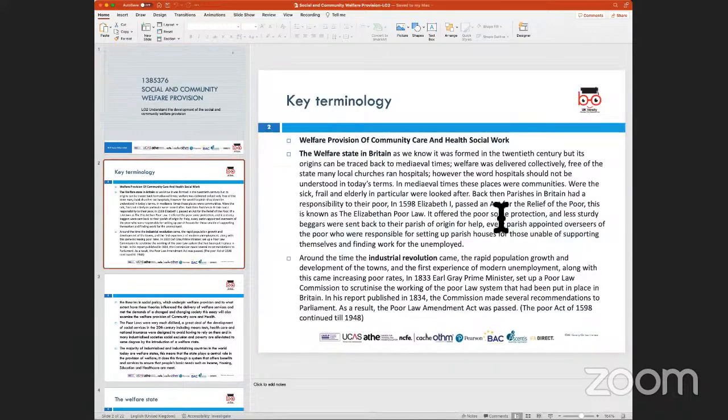Now, going back to one of the reflections which I would ask you to bring: in the first learning outcome, we talked about why Britain is a social or a welfare state. Now, I want to understand this aspect of welfare provision for community care and health and social work. We need to understand that, yes, Britain is a welfare state, and when did Britain become a welfare state?